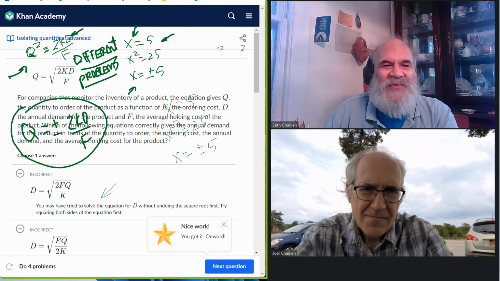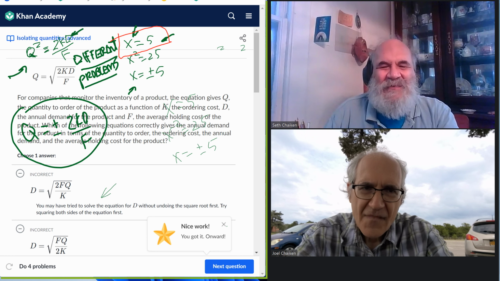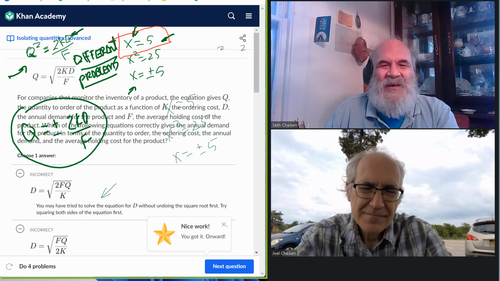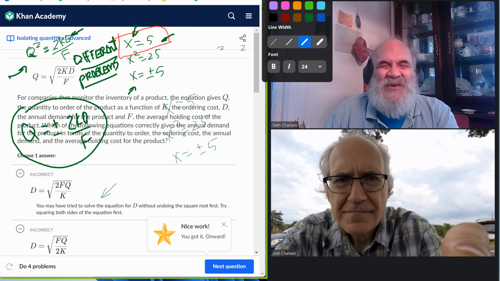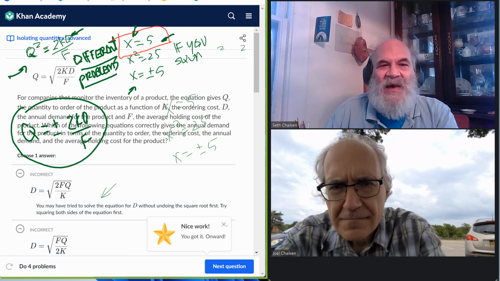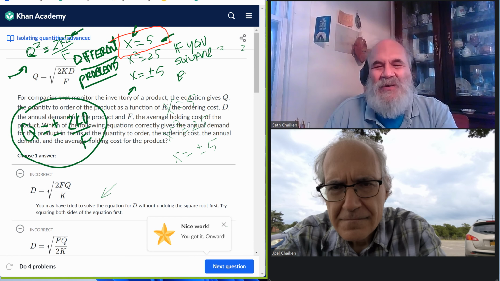If a problem starts telling you that x equals 5, it told you that x equals 5. So if the question is, with the information enclosed in red, what value is x? X equals 5. So squaring both sides is a stupid thing to do.